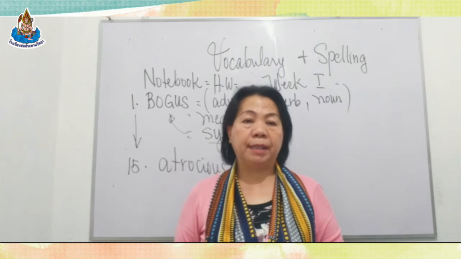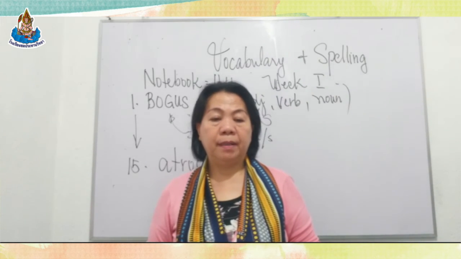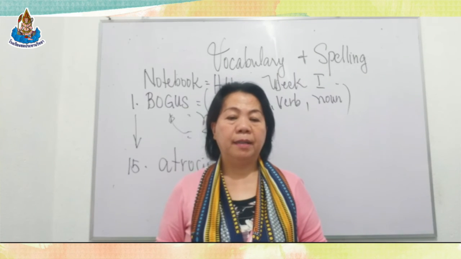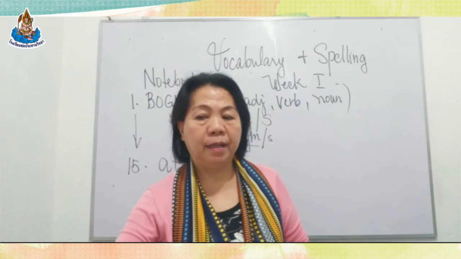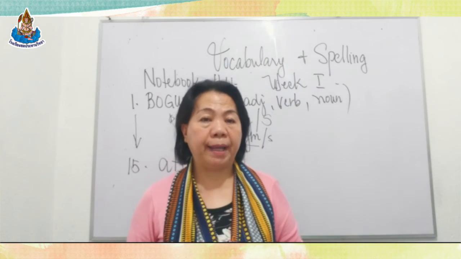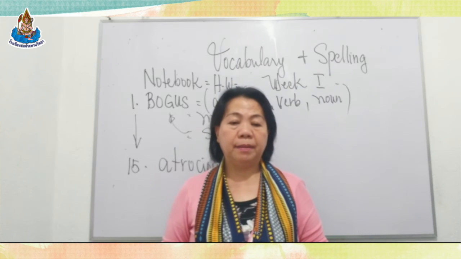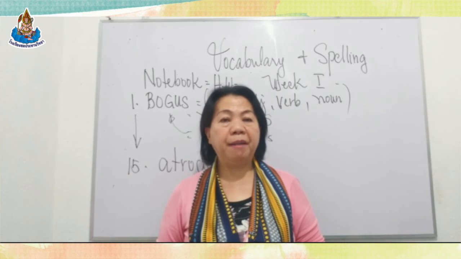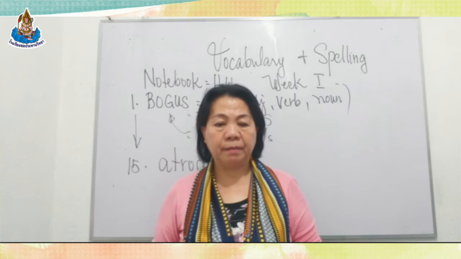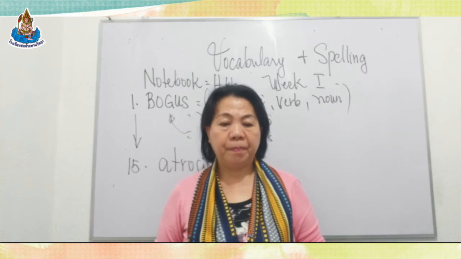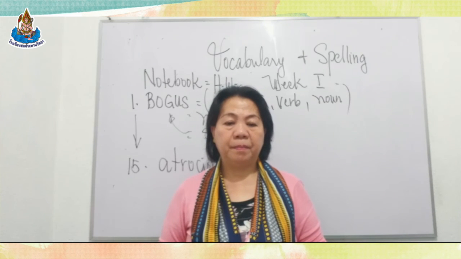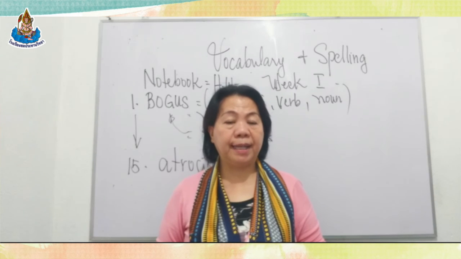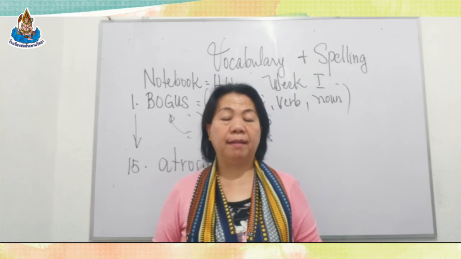Number 6, colleague. Number 7, appalling. Number 8, compile. Number 9, benefactor. Number 10, allotment. 11, clientele.